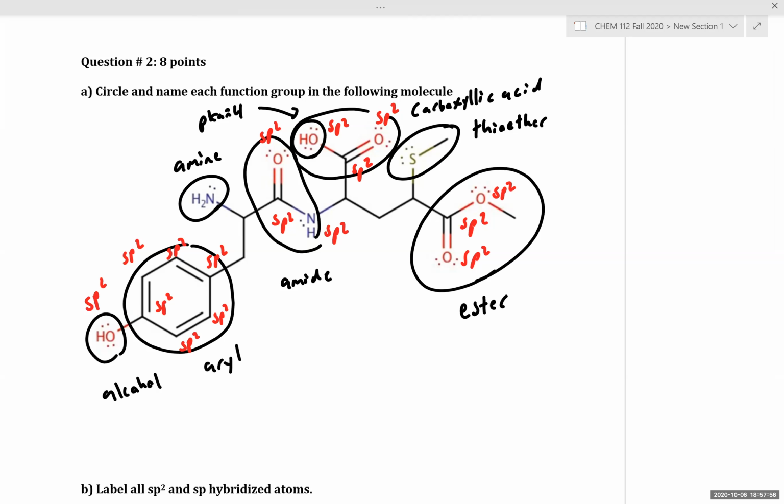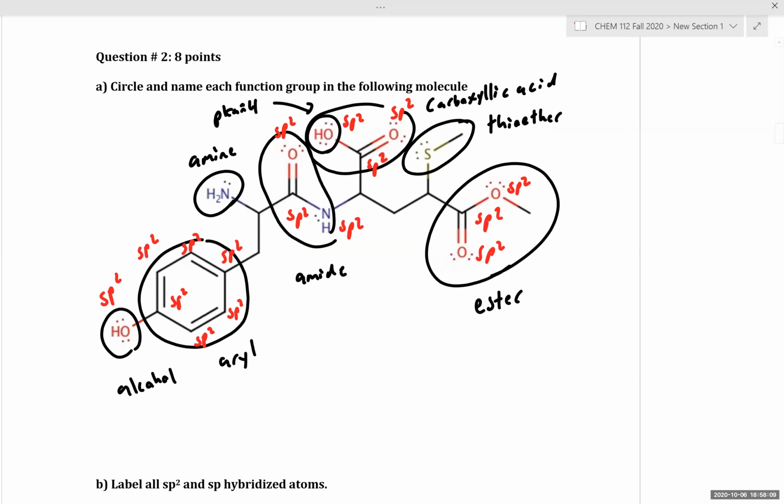Does this example make sense to everyone? Okay, so let's keep going now.